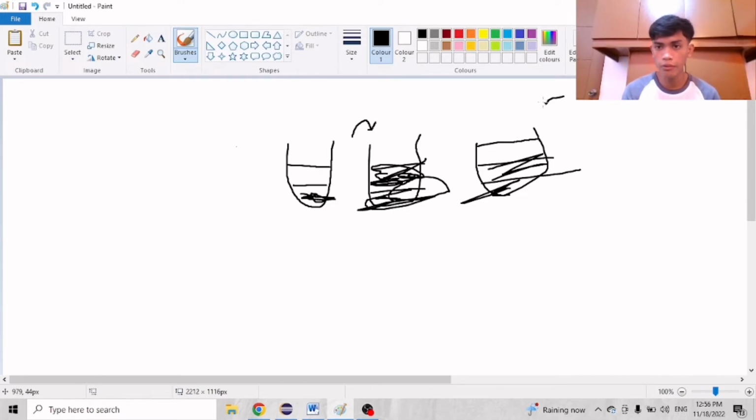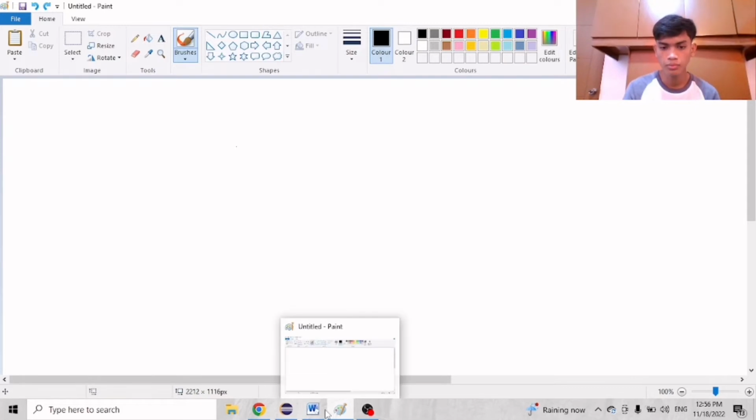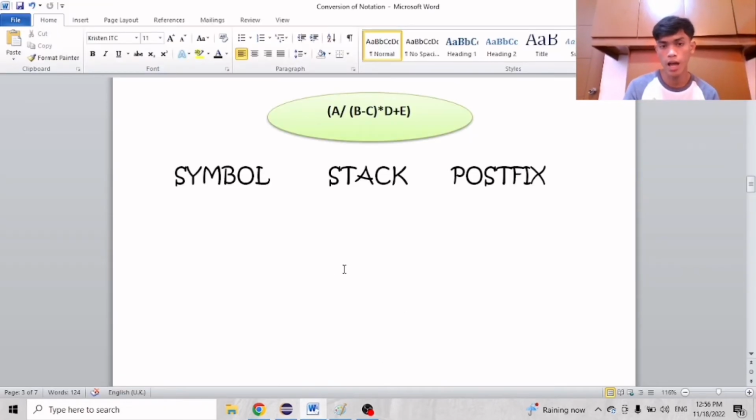But if you put the same object here in the second row, it needs to be popped because it is not allowed. So we're going to pop this thing, then put the object here. So that is the basic example, the basic rules of the stack.